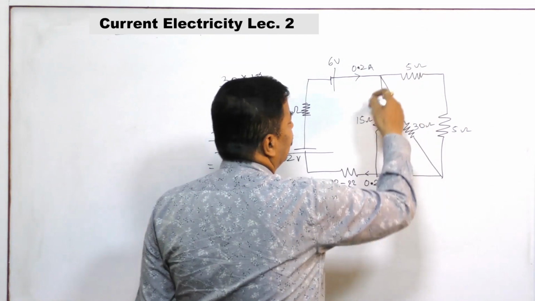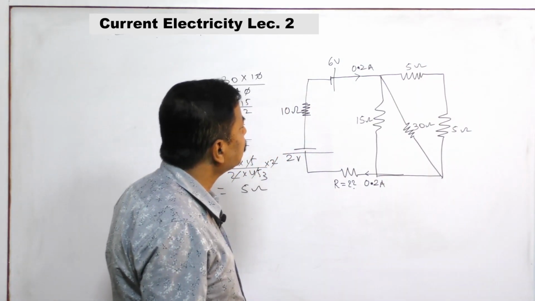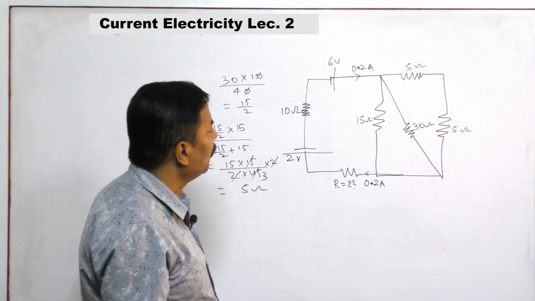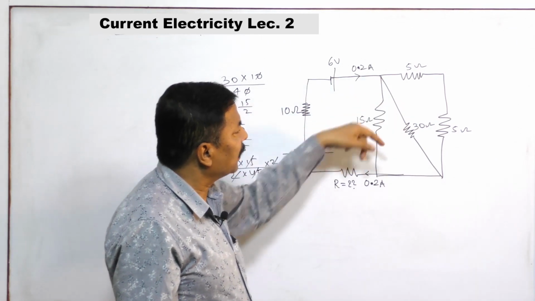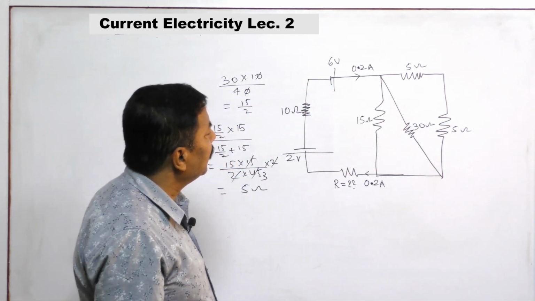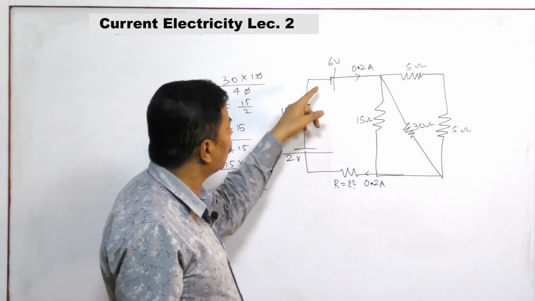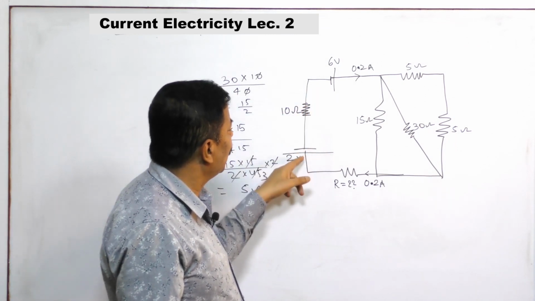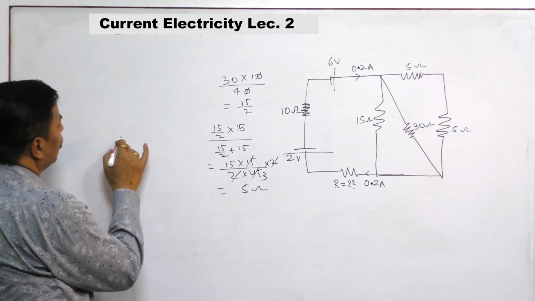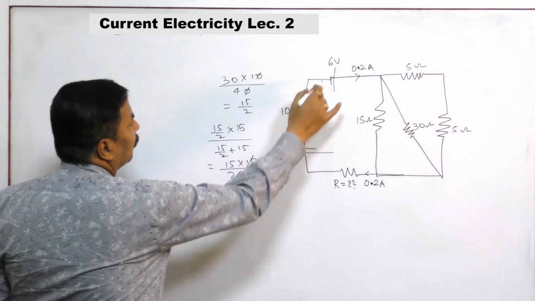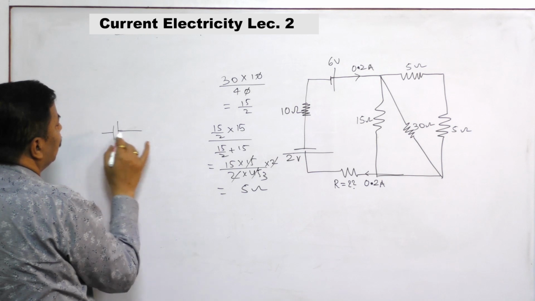So all these values are giving you 5 ohm. Now you replace the 6 volt battery and the 2 volt battery, so you have an equivalent circuit in this way. This will be 4 volt that will be effective.